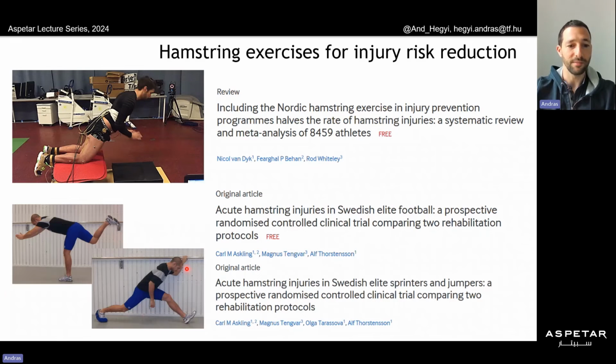And on the bottom, we have these long length exercises where the muscles are not very highly activated, but we have a long muscle length. And both look, in some scenarios, quite effective for the prevention of hamstring injuries.